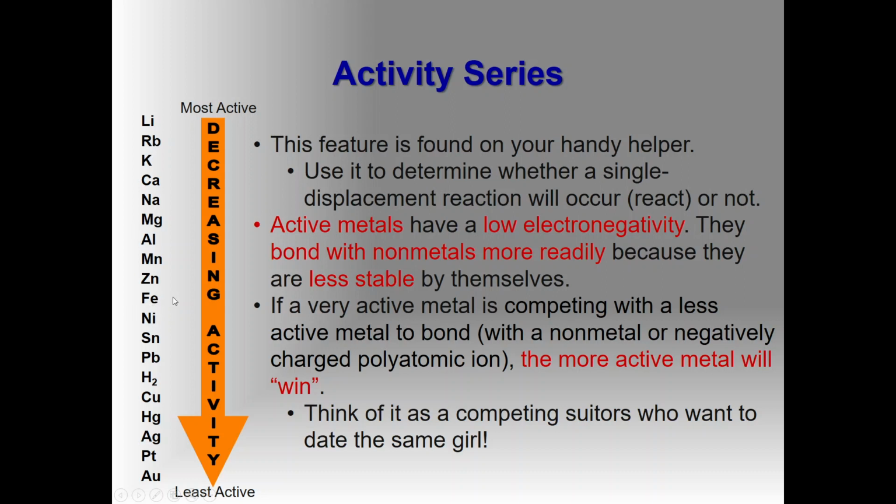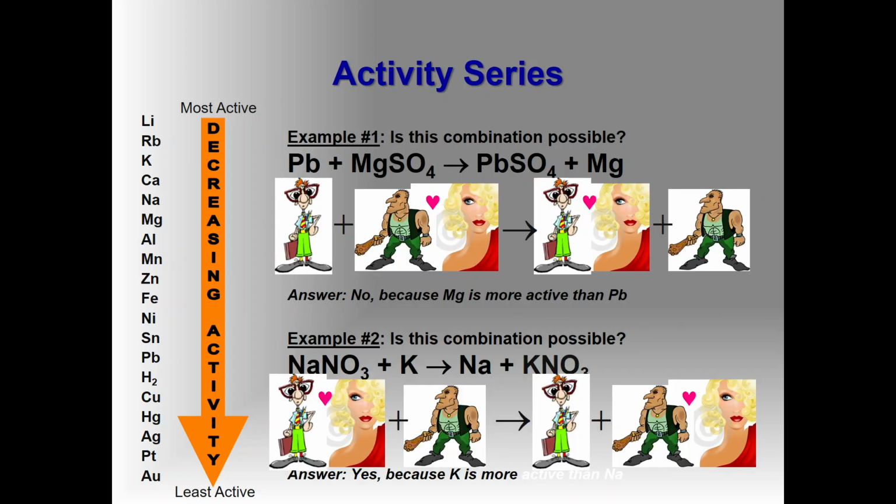Iron somewhere in the middle. So, is this combination possible? It gives the answer. Lead versus magnesium. So, magnesium is stronger than lead. So, that means this will not happen because magnesium is more active than lead.